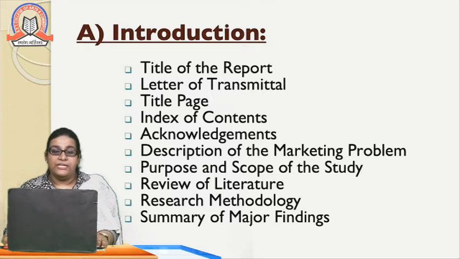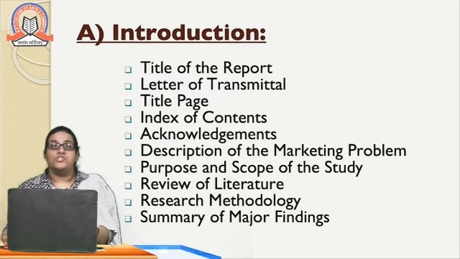Then a description of the marketing problem, what problem we are doing research on and what the purpose is. Then the purpose and scope of the study. Why are we conducting the research? To solve our problem of declining sales, for example. Scope is the area of the study, like a particular city or district, so the scope should be mentioned.